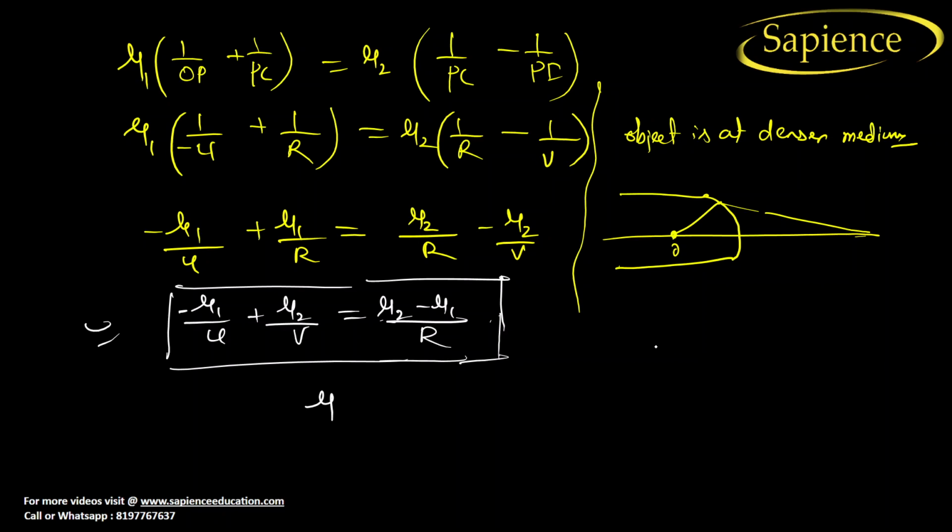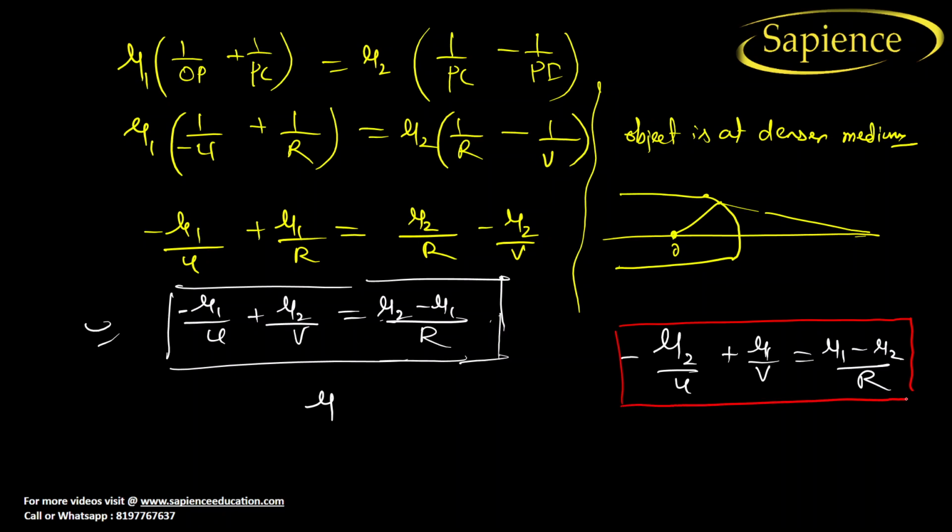So when an object is in a denser medium, this will become mu2 by u plus mu1 by v is equal to mu1 minus mu2 divided by r. I hope you have understood this.